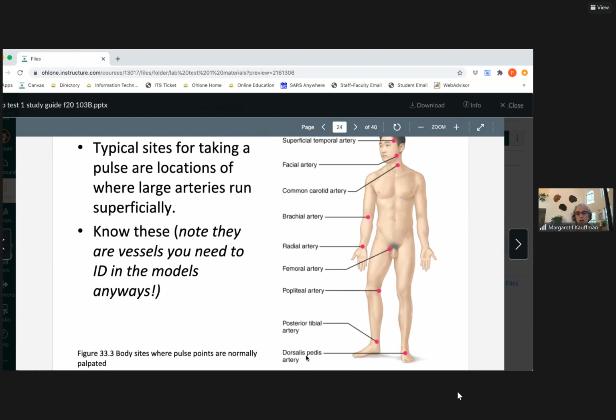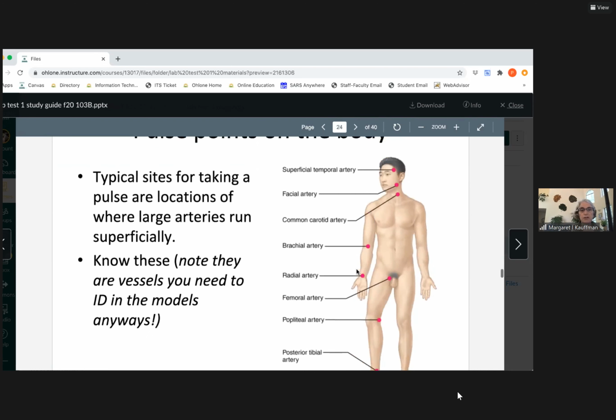So once you know where the dorsalis pedis is, that's the top of the foot from its name, or the posterior tibial, then you kind of know where a likely place is to feel the pulse of that, because you clearly can't feel it in areas where you have a lot of soft tissue, like the calf muscles here, which would interfere with you being able to push deep enough to feel those pulses.